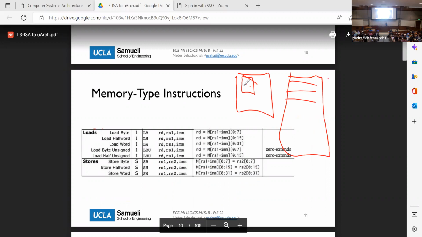Here we are talking about millions of lines. Here we're talking about 32 lines, okay? So these are our registers, X0 to X31 here. And here is our memory. If you want to issue load and store, it means that we are going here. If you are using the regular X1, X2, what happens is that we are going here. Okay?